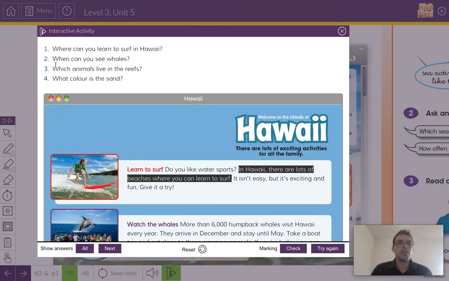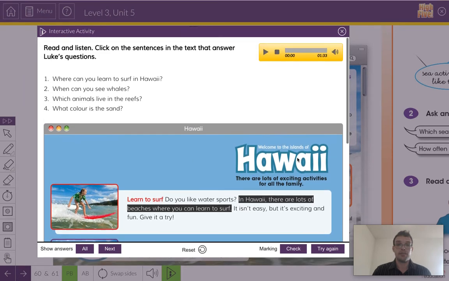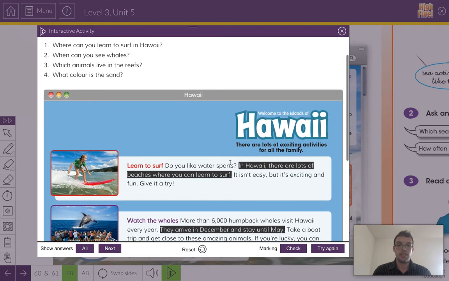What is our next question? When, so at what times of the year, can you see whales? Let's have a look. It says more than 6,000 humpback whales visit Hawaii every year. They arrive in December and stay until May. Oh, that might be our answer. Exactly, very good.